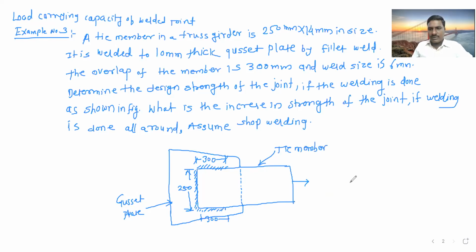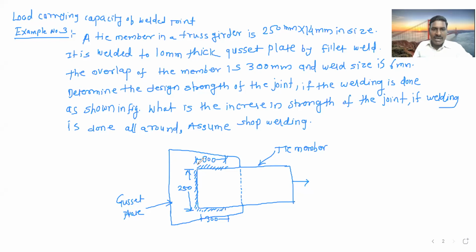This gusset plate and tie member both are overlapped. The greater size is the gusset plate. On this gusset plate, this tie member overlaps in this way, and the welding is done around this side.